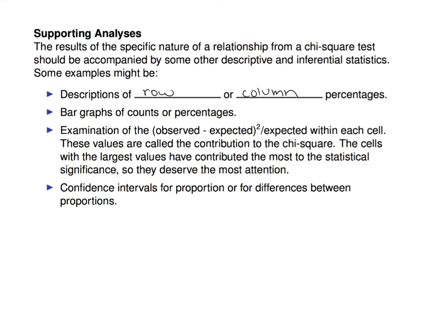You could also make bar graphs, and you could also examine these observed minus expected squared over expected, and you can see which ones are the biggest ones, and they're the ones that are the most different from what you expect. And we could also find confidence intervals for the proportions or for differences between proportions. But all of these things take some time, and the most common thing I'd ask of you probably is that one.